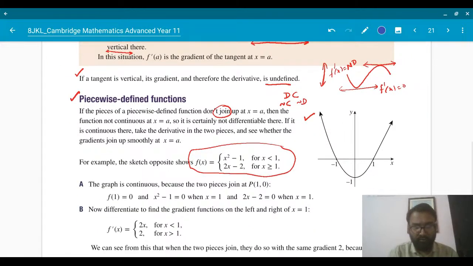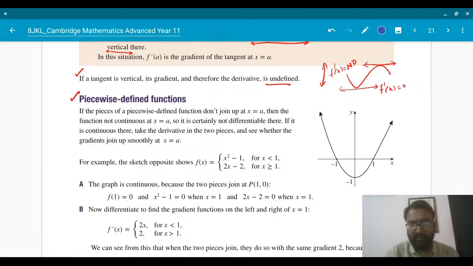So now, piecewise defined functions. A piecewise defined function means it is defined in the domain with pieces. See, until 1, less than or equal to 1, from the left side of 1, your graph is x squared minus 1.